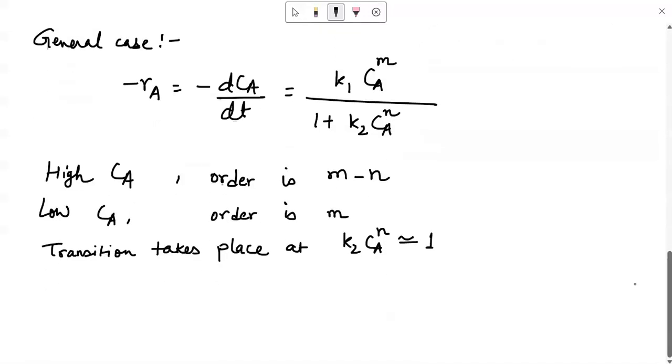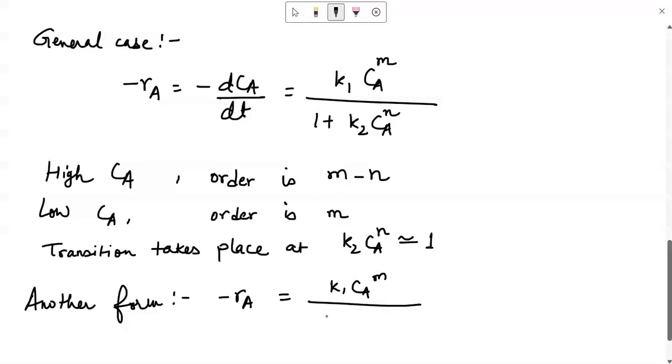Another form of this general expression is minus Ra equals K1 Ca to the power m divided by (1 plus K2 Ca) whole to the power n.